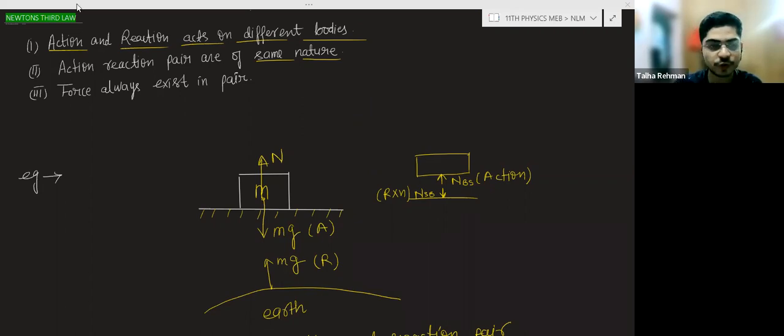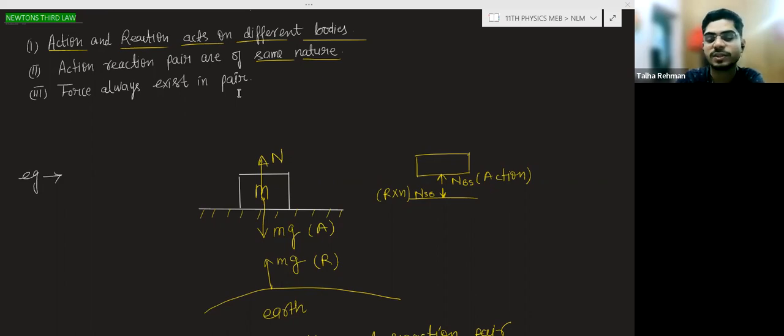So now what you will say, Newton's law: action and reaction act on different bodies. Action reaction pairs are of the same nature. Force always exists in pairs. That statement is not fully correct.